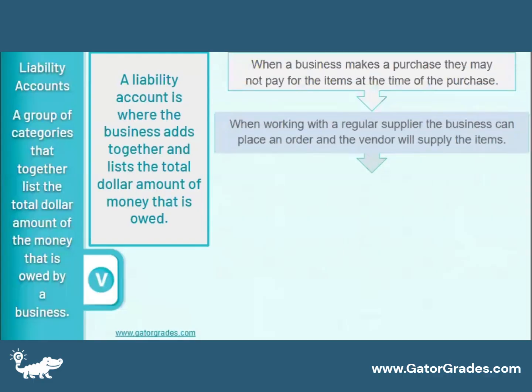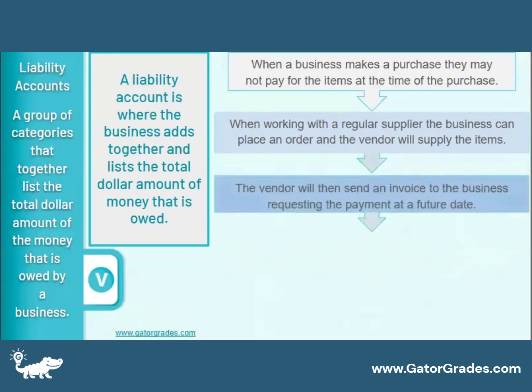When working with a regular supplier, the business can place an order and the vendor will supply them the items. The vendor will then send an invoice to the business requesting the payment at a future date. This amount of money that is owed will be listed by the business in the accounts payable liability account.